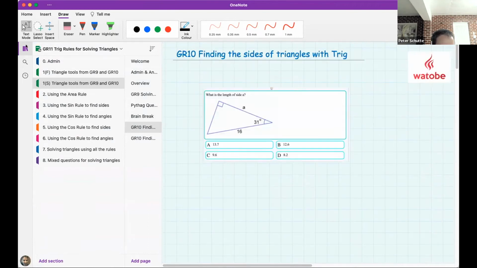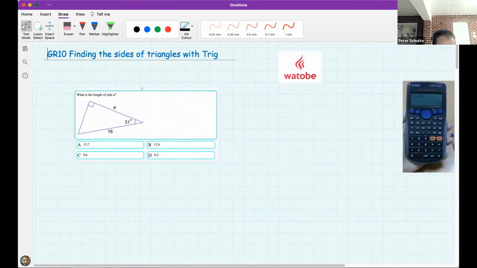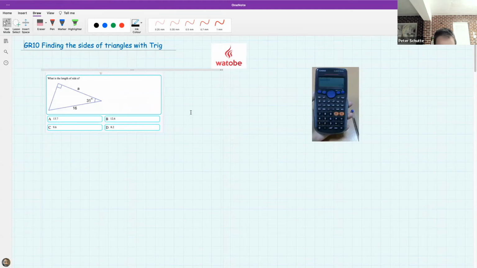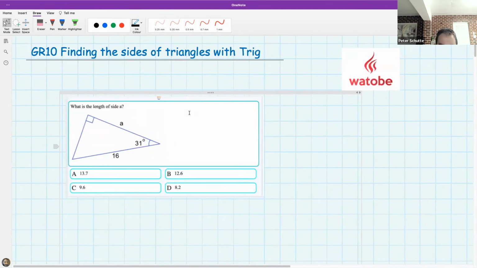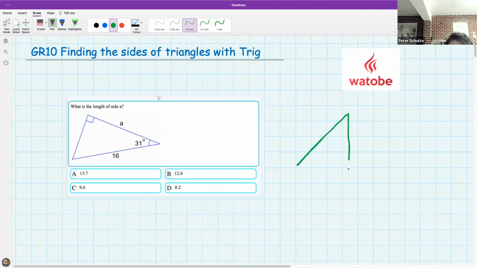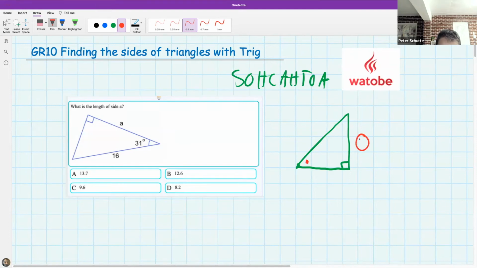So let us now go to grade 10 trigonometry. And in this particular case, we're going to focus on right angle triangles. I think a lot of you are familiar with this, so it's just to check that the tools are all ready to use. In a right angle triangle, we talk about a reference angle, and this would be the opposite, hypotenuse, and adjacent.